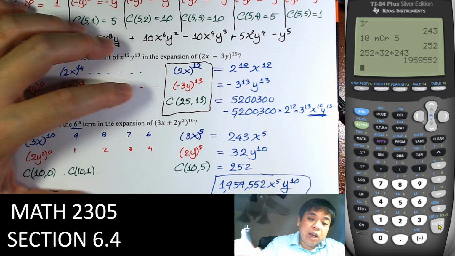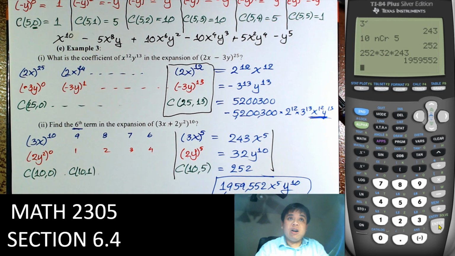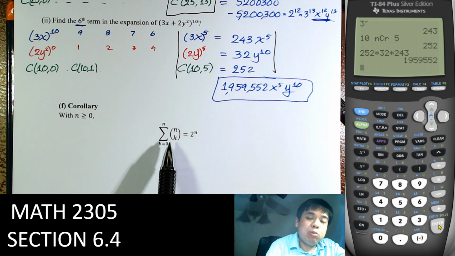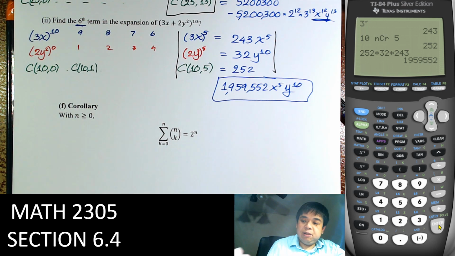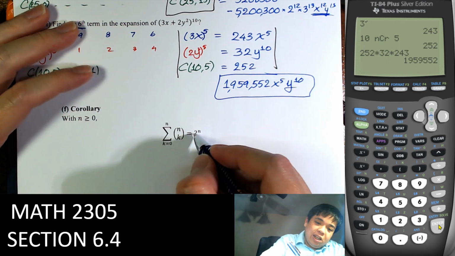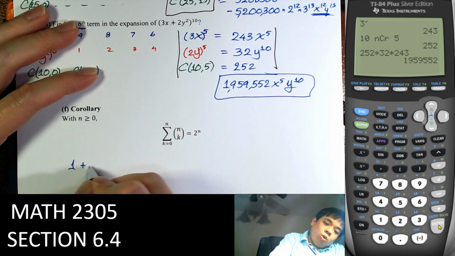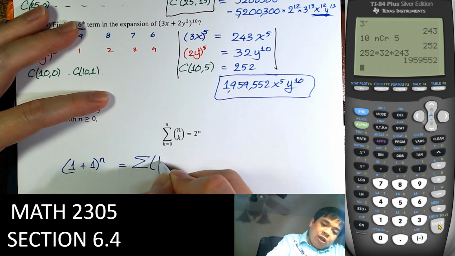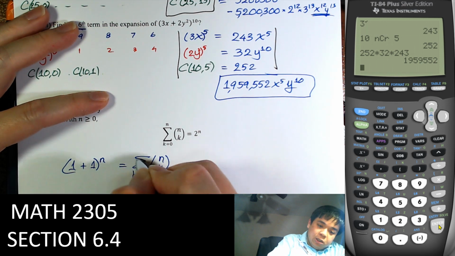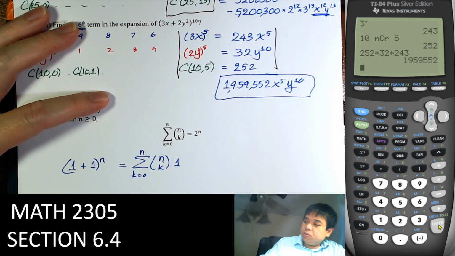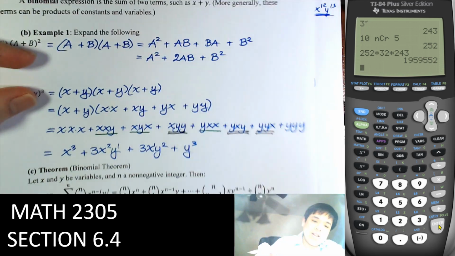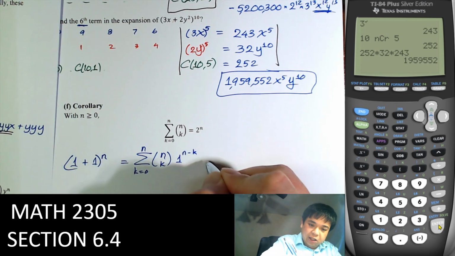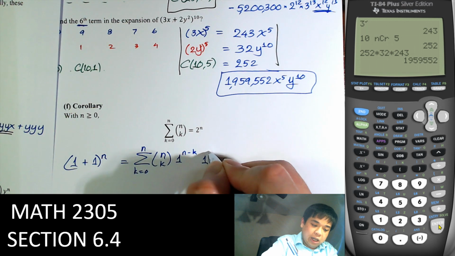So if we just want one term, just focus on that particular column. And then the result, if we sum all of that up, is going to be this. So very easy to write. Think about this. If we have (1 + 1) to the n power, and then if we use the formula, it's going to be 1 to the n minus k, and then 1 to the k.